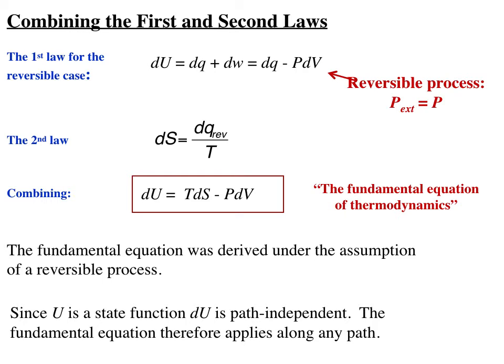Now, if it is reversible, then of course the internal and external pressure are matching exactly, and then we will substitute into this expression our second law value of the entropy, and that is that dS is equal to dq reversible over T. So when I put that in for my dq term, and I have my PdV for the work term, I get that dU is equal to dq reversible minus PdV, and for dq I multiply both sides of my equation for entropy by T, and so dq is TdS.